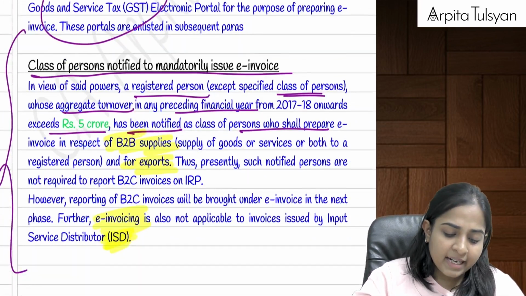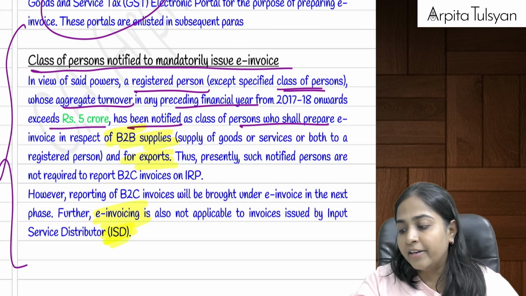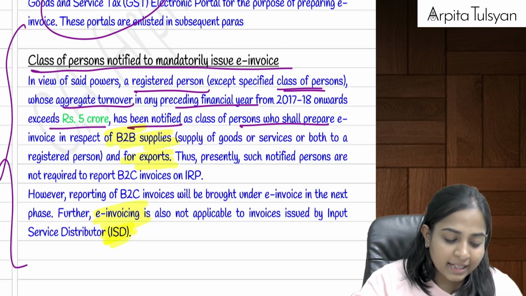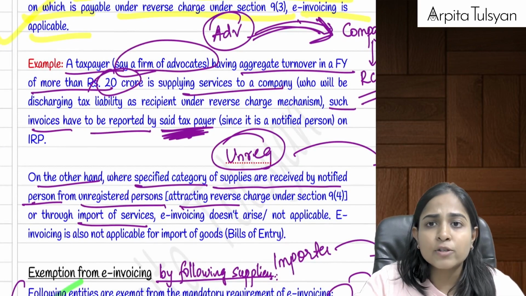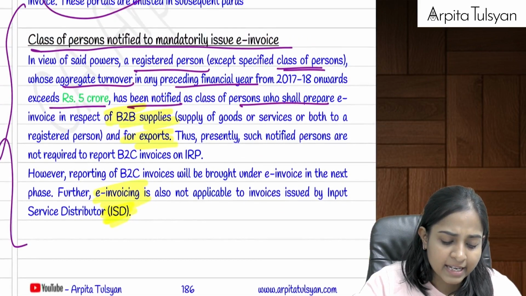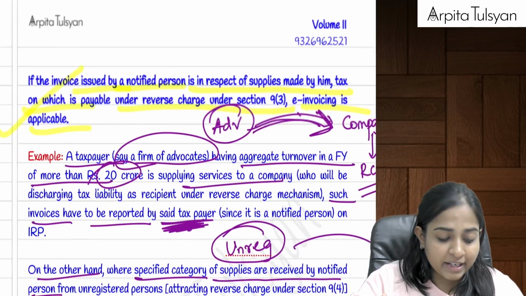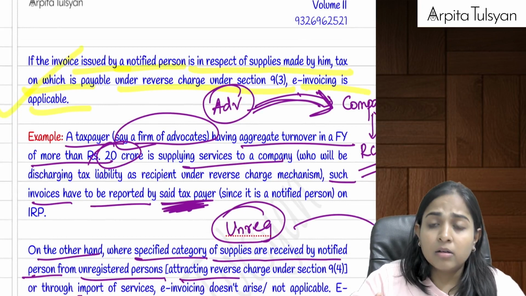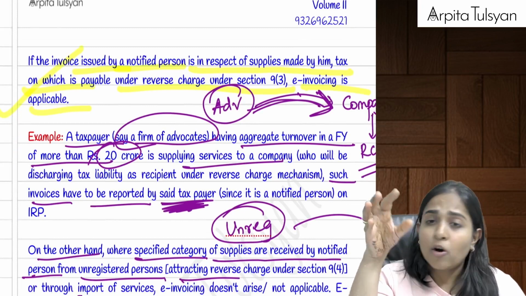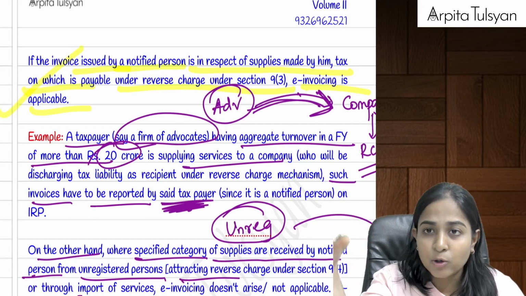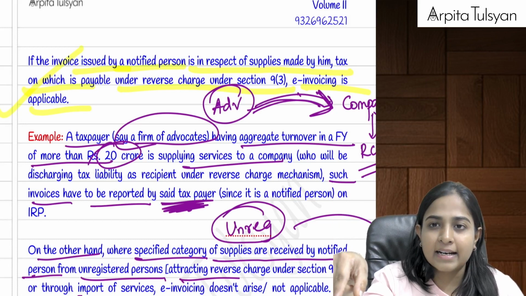Right? Now, whatever we have studied here, these persons were required to mandatorily issue the e-invoice in two cases. One was in the case of B2B and the other one was in the case of exports. Similarly, imagine a registered person making a supply to another registered person, but the recipient was liable to pay the tax under reverse charge mechanism.